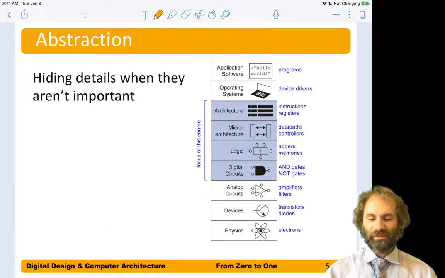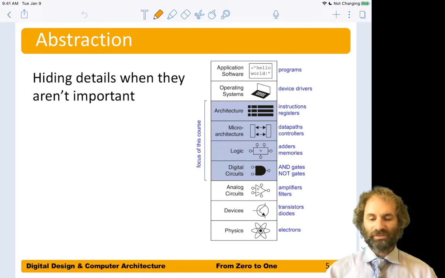So instead, we'll move up a level of abstraction to devices. We'll define things called transistors that are made out of doped atoms, but that we can treat as several terminals with a relationship of voltage and current between those terminals.